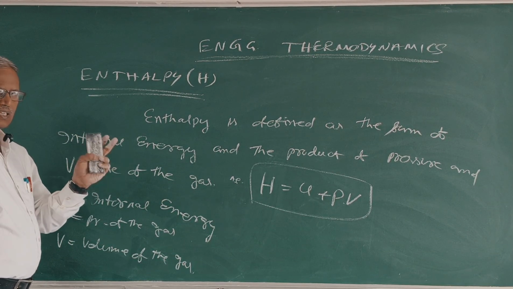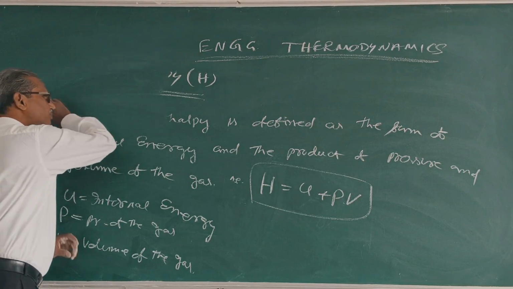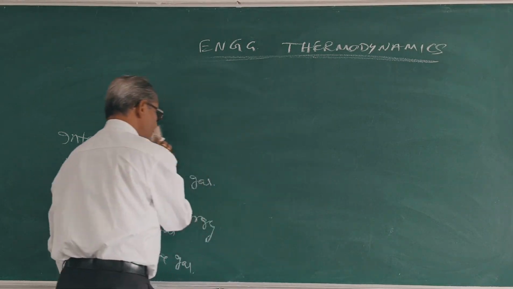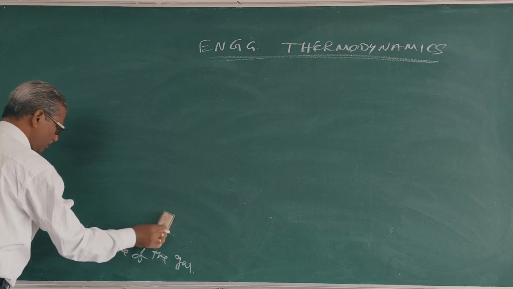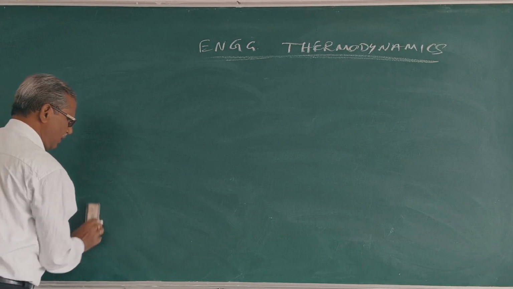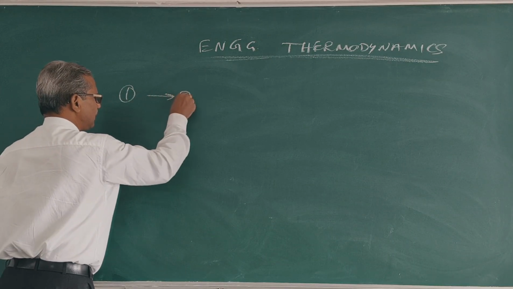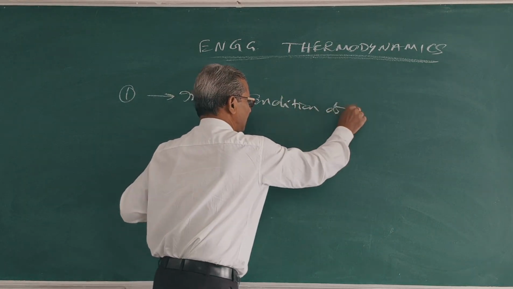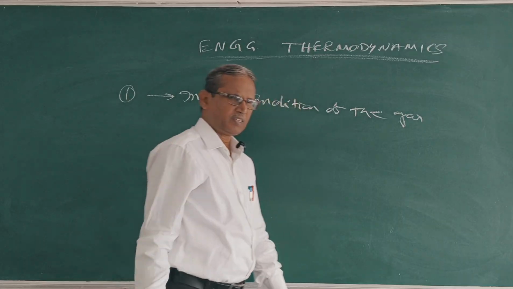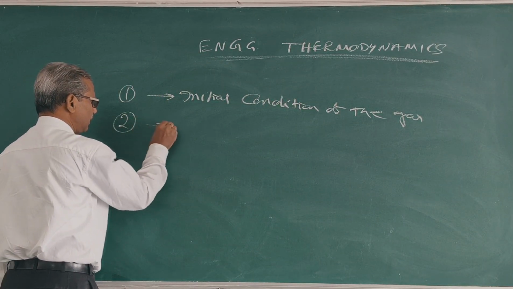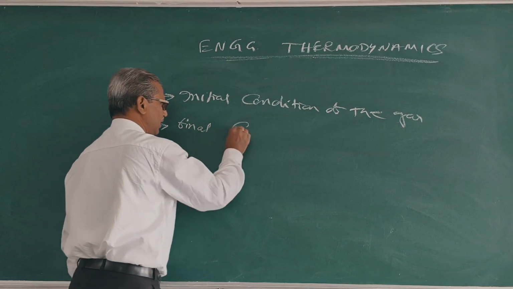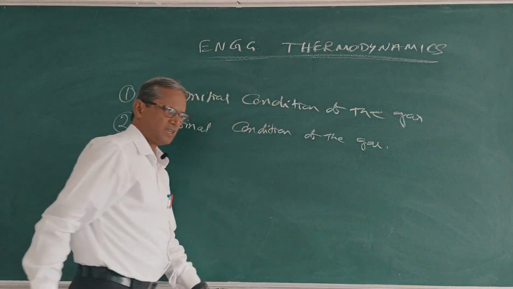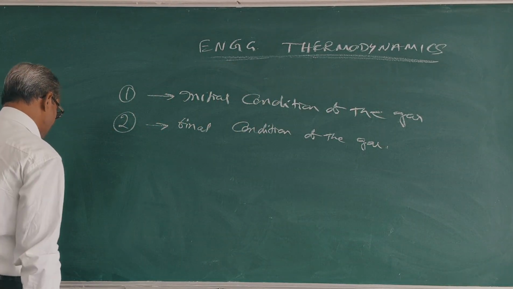If there are two conditions, initial condition, final condition, then if one represents initial condition of the gas, clear, one represents, two represents final condition of the gas, clear, then what is H1?